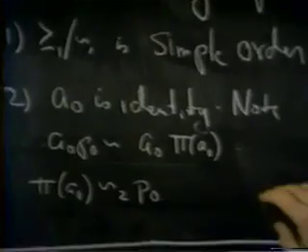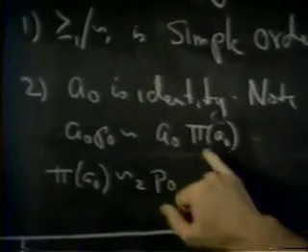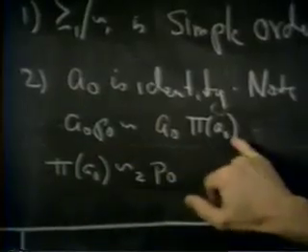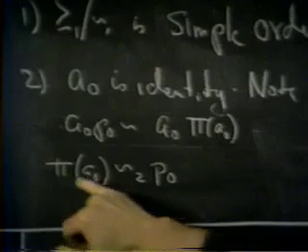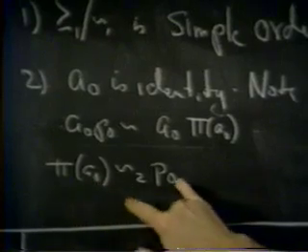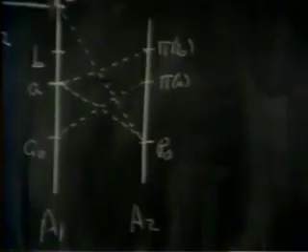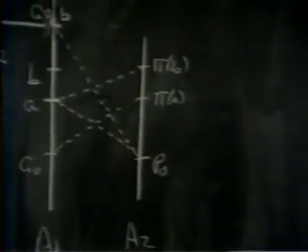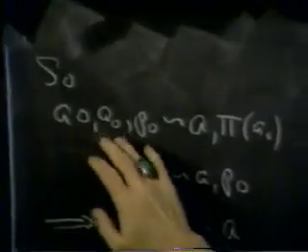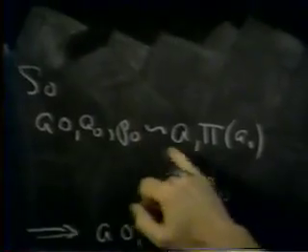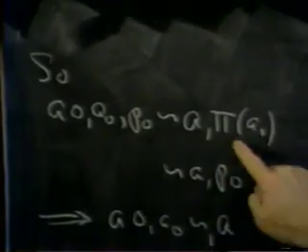We can see this as follows. We note that by the definition of pi, A0 P0 is indifferent to A0 pi of A0, which forces pi of A0 to be the same as P0 in the second coordinate, so that in the pi relation A0 maps into P0. And now if I look at A concatenated with A0 and P0 in the second coordinate, I can replace the P0 in the second coordinate by pi of A0.